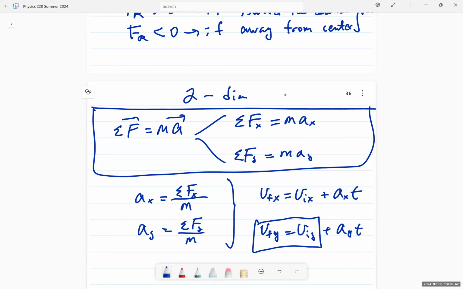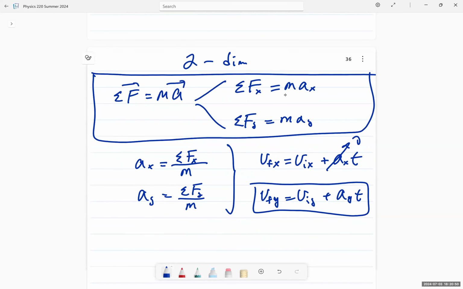For example, if it's a free fall, and a x is zero, but a y is not zero, we know that a y equals negative g. The reason is that the net vertical force equals mass times vertical acceleration.